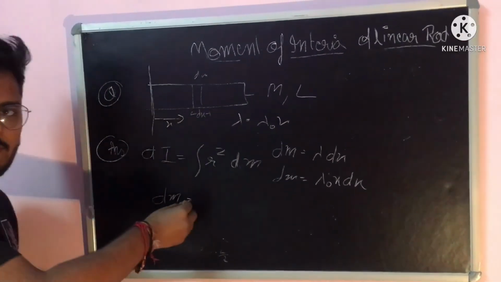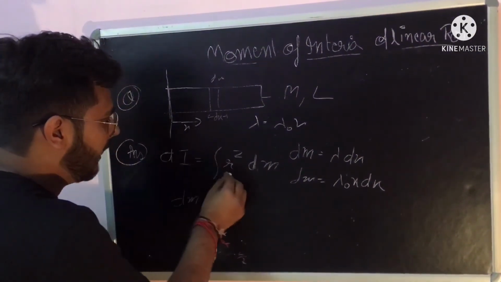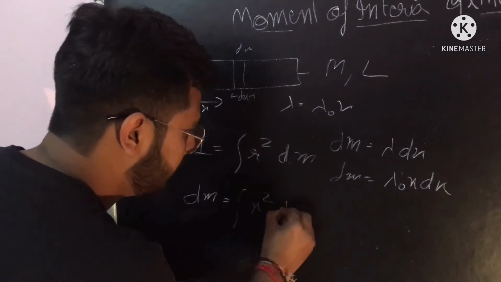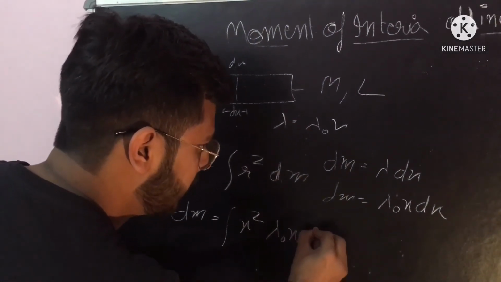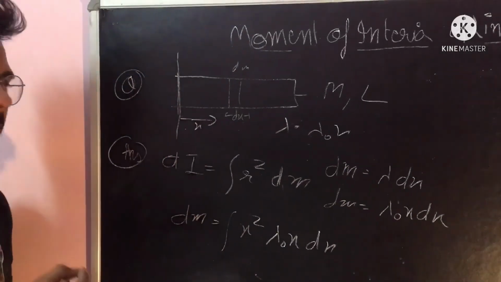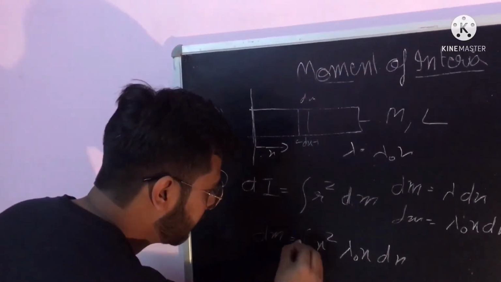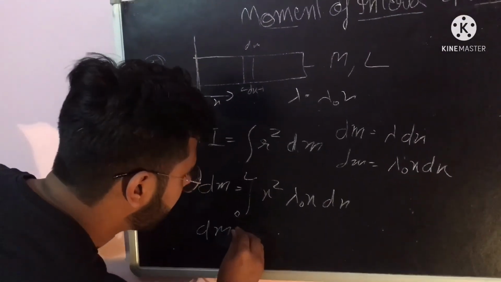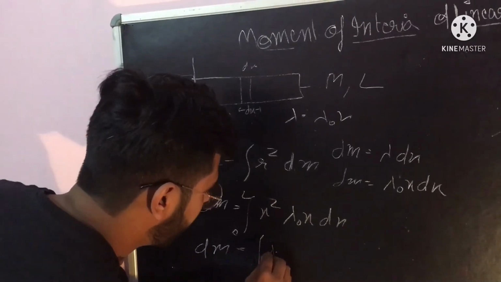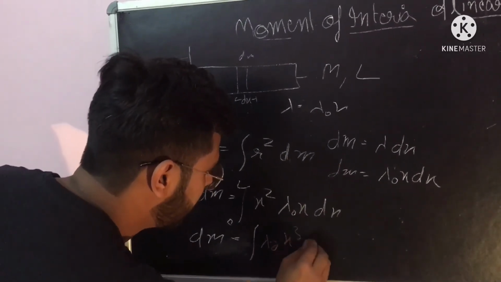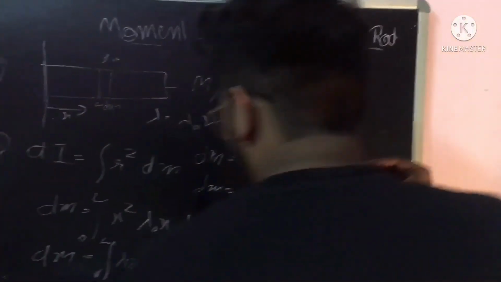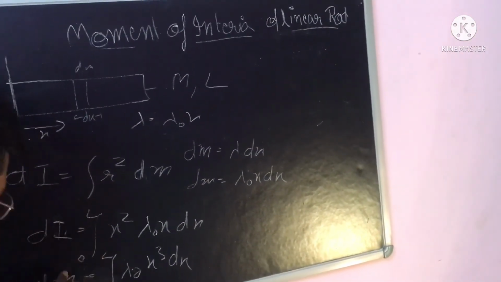Now we will put this value here to get the answer. Here r will be the distance from its axis, so it will be x. With the limit we will put from 0 to L. So it will become this.